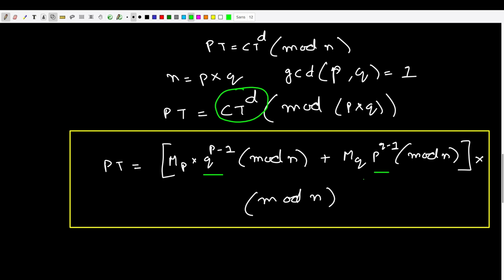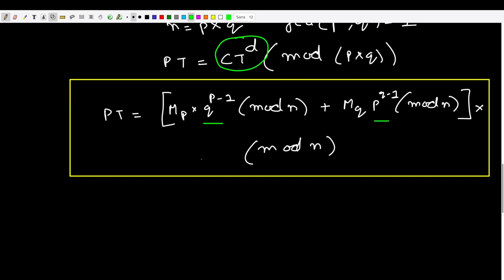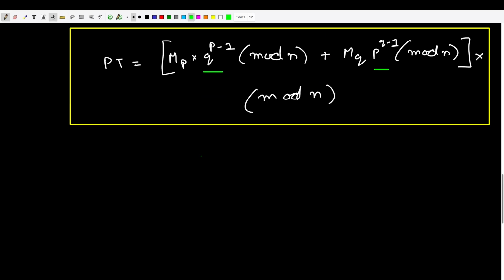And P and Q are already known to us, so Q to the power P minus 1 will be constant for most cases, and we can pre-compute it and keep it with us while implementing the RSA algorithm. But as you can see, there are two terms we have not talked about, which are MP and MQ. So one may wonder what MP and MQ are. Let us look at the values of MP and MQ.